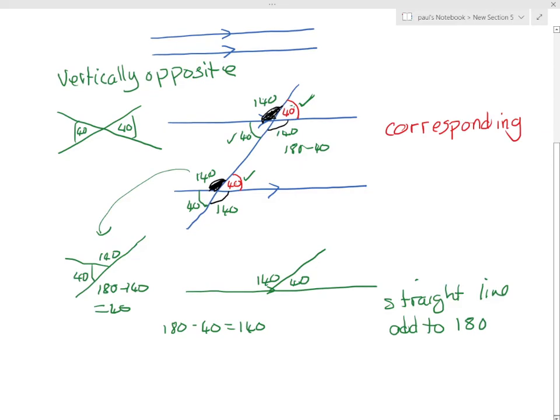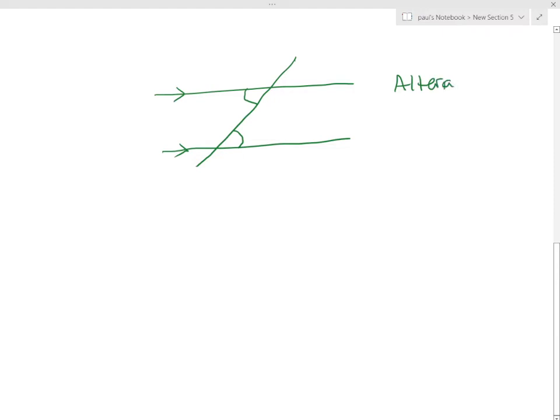Now, getting a bit full up there, so let's go down and do some more. Right, so another one is this, that one, and that one. And these are called alternate angles.